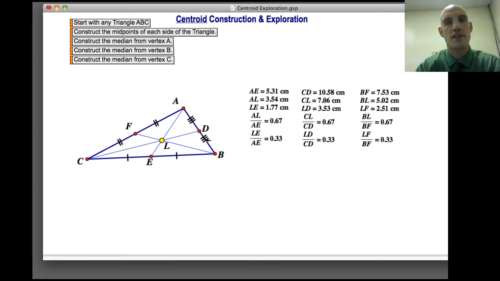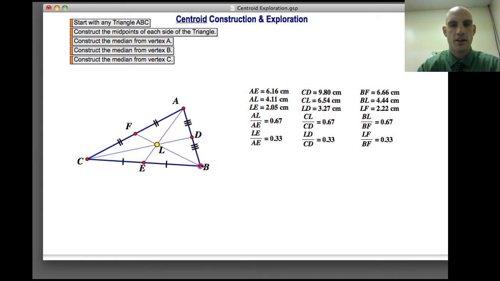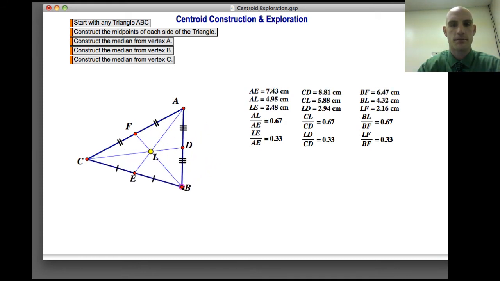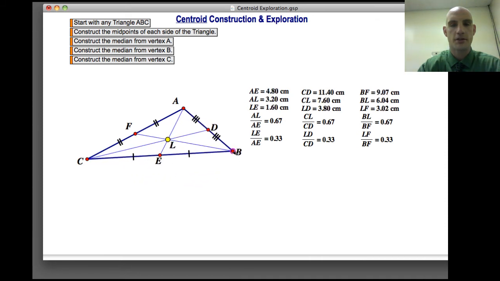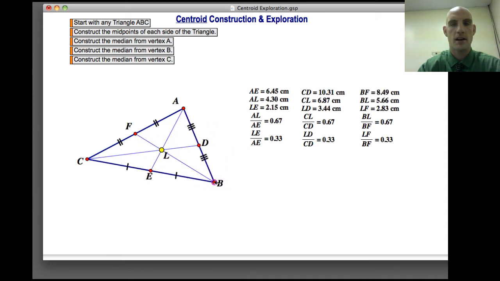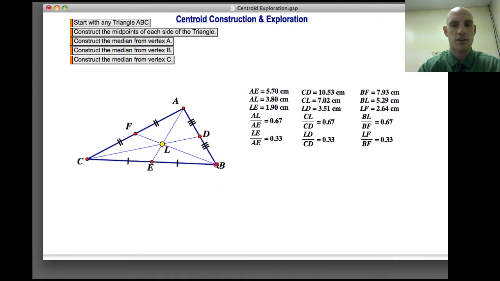Now I'm going to start moving this around a little bit. First, I'm going to pull on B. You can see the measurements moving around, but I want you to take a look at the ratios. The measurements have obviously changed. So when I do AL over AE, it's 4.30 over 6.45. Still a 2/3 ratio.